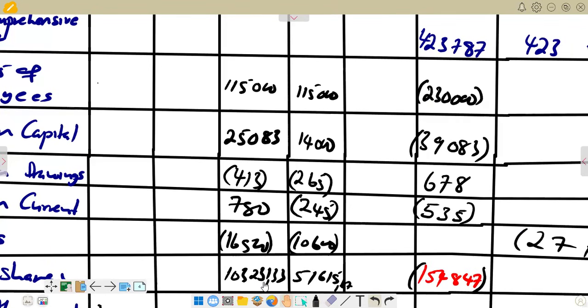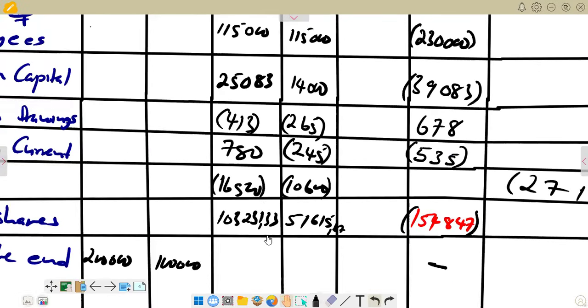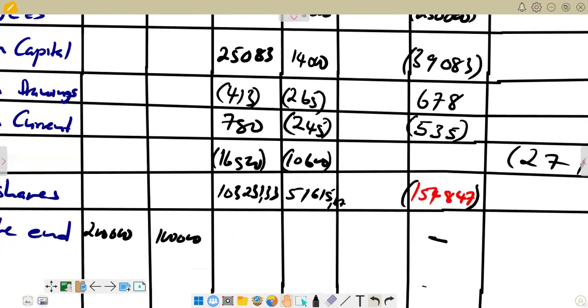You add 103,231.33. And then the net figure that you are supposed to get here, you put it here now. So the net figure becomes 242,781.33.